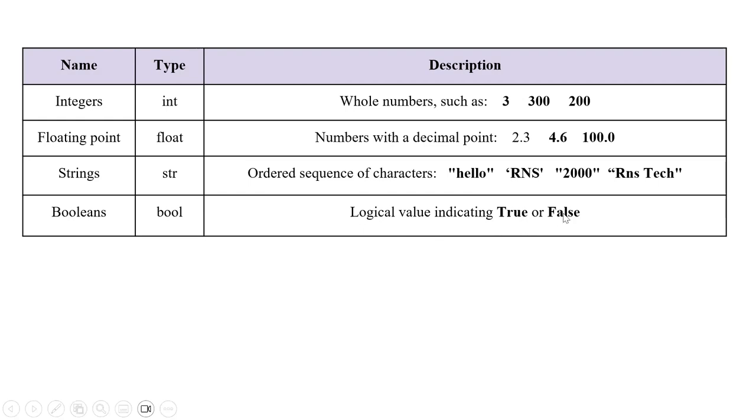If I assign true or false, observe that you should not use small letters. You should use capital T and then rue. Only that exact format is allowed. For false, capital F and then alse. If you define it in all small letters, it is going to throw an error.